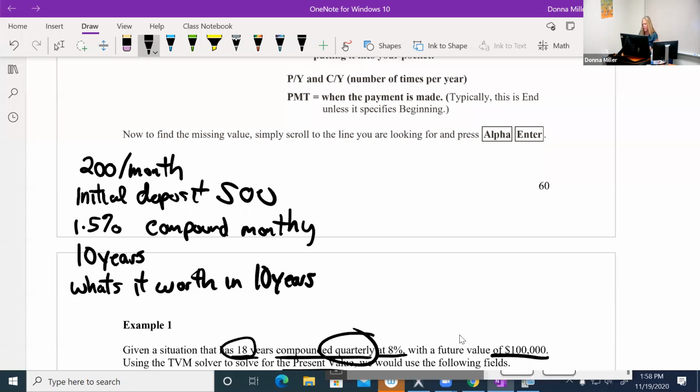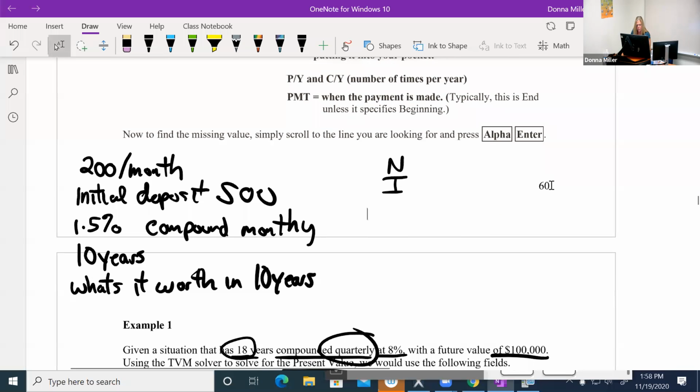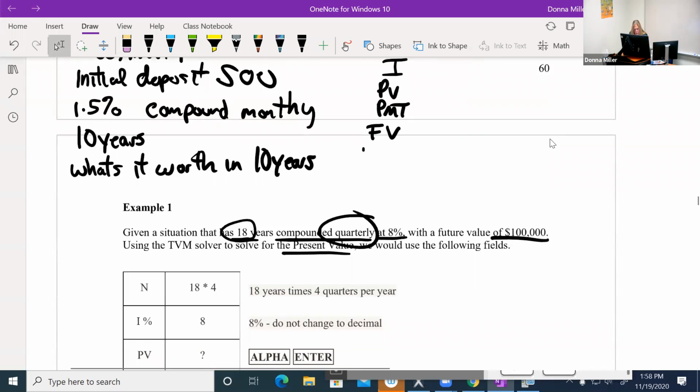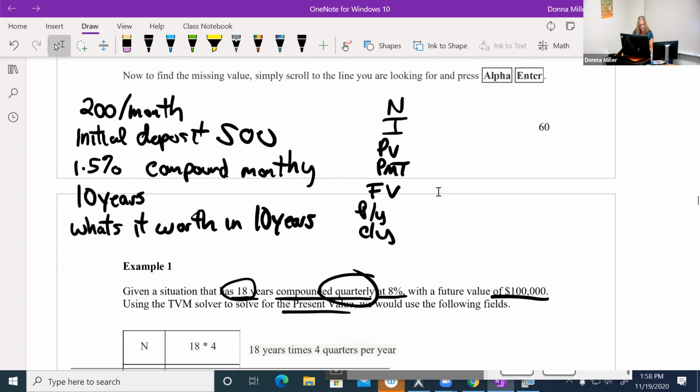Let me list all this stuff here: N, I, PV, payment, future value. N is the number of years times the number of times I compound, so it's 10 times 12.